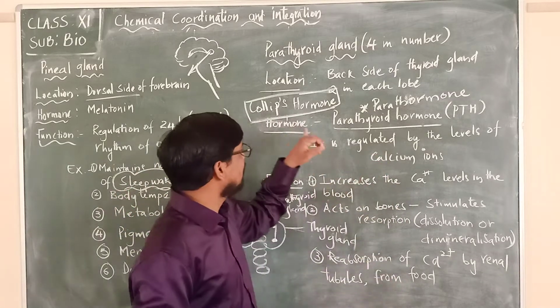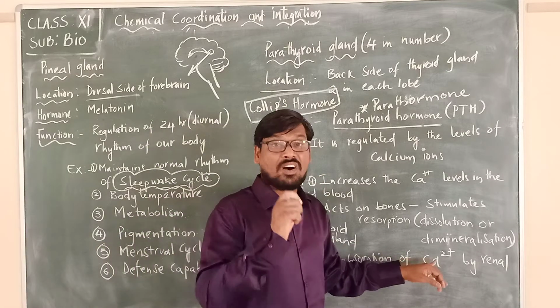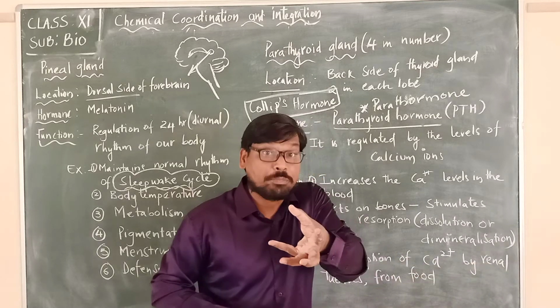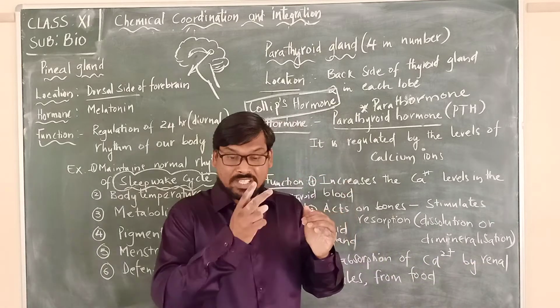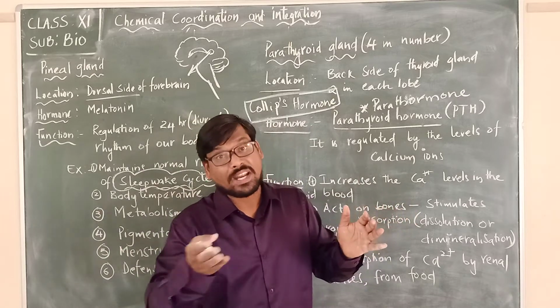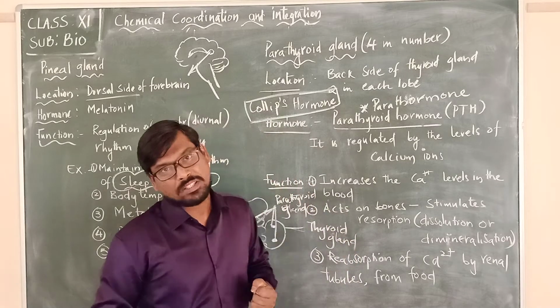That is brought about by Collip's hormone. So Collip's hormone will be acting upon the renal tubules of the kidney to absorb the calcium that is in excess and trying to get eliminated, but suddenly it is in need, so that's why it is trying to absorb it back.